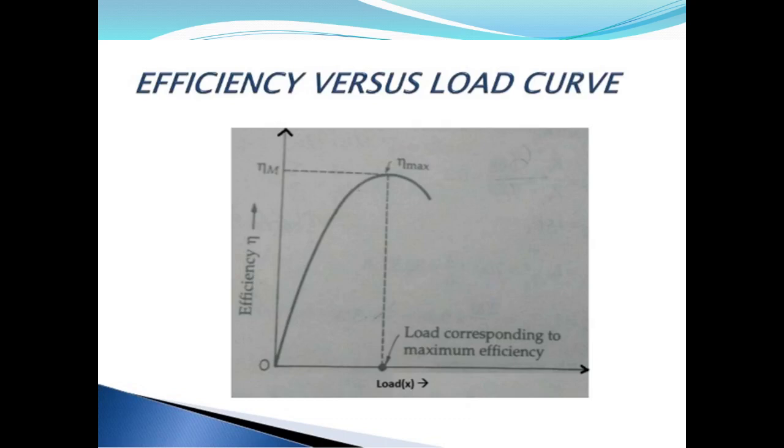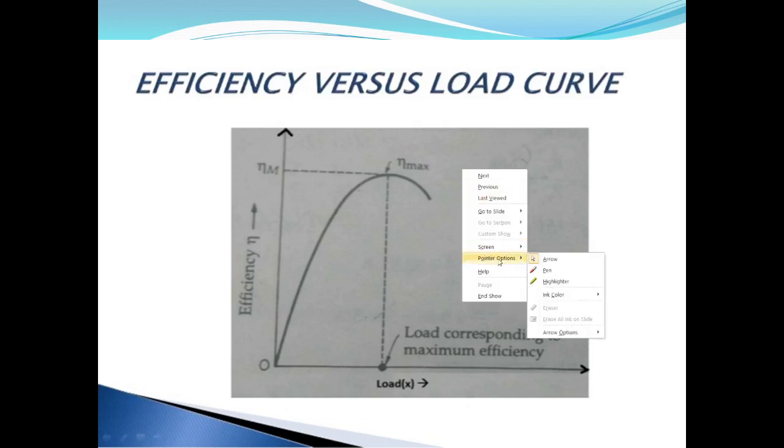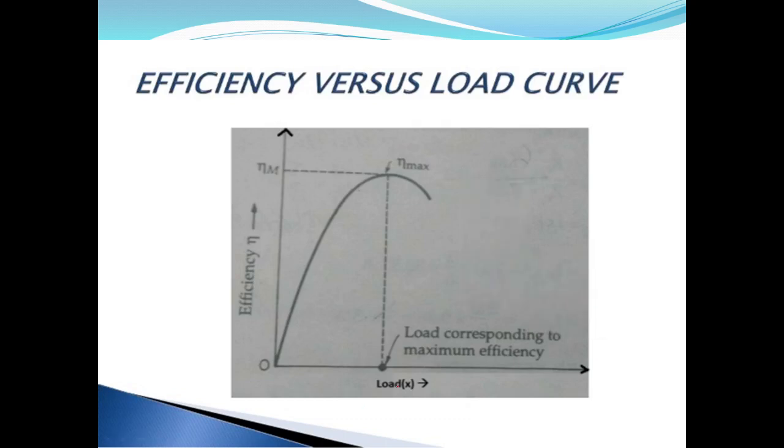So this is the efficiency versus load curve. I'm drawing the percentage of load on the x-axis, and efficiency on the y-axis. At this point the load is very low, so the efficiency is also low. Efficiency increases, roughly proportionally, as the percentage of the load changes.